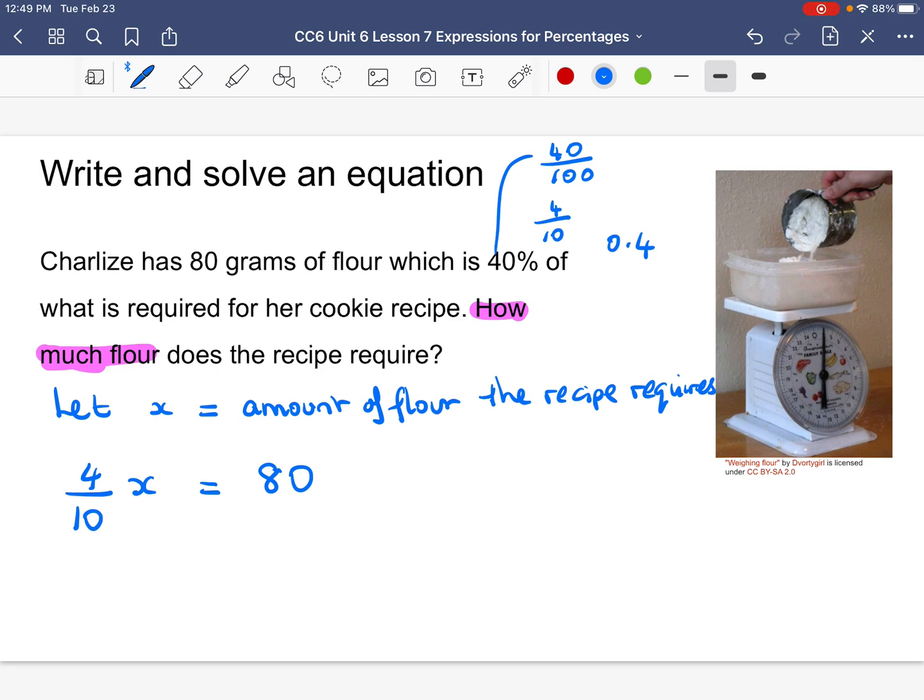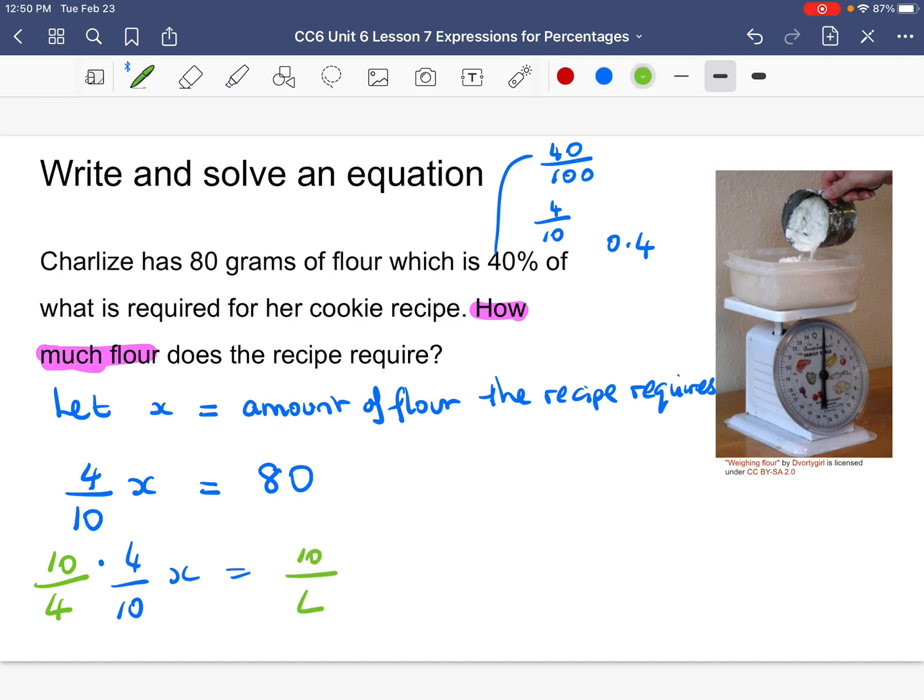Now, I don't want 4/10, I want x. So I've got to isolate x. I've got to remove that 4/10 from x. To do that, I need to multiply by the reciprocal of 4/10. I'm going to multiply by 10/4. 10/4 times 4/10 x is equal to 10/4.